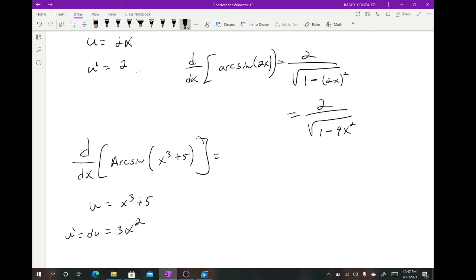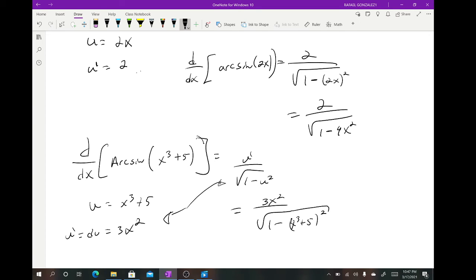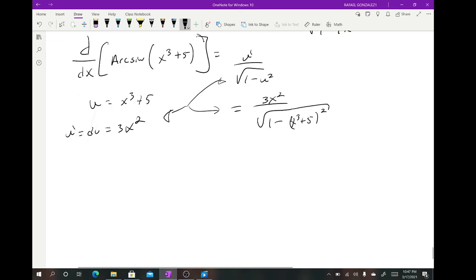So when I write du, I just mean derivative of u. And again, by the formula, this is u prime divided by square root of 1 minus u squared. So this is just 3x squared divided by square root of 1 minus (x cubed plus 5) squared. And you could expand that and then distribute the negative sign, but the calculus step ended here when we took the derivative. Everything else now is just plugging in respectively and simplifying.